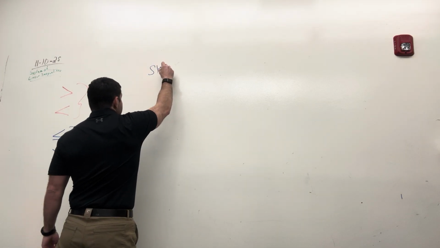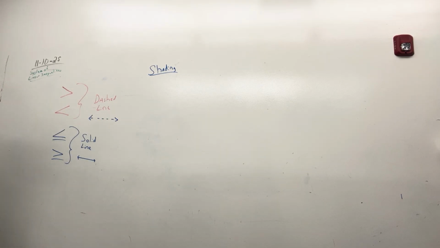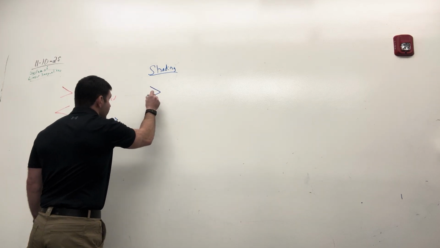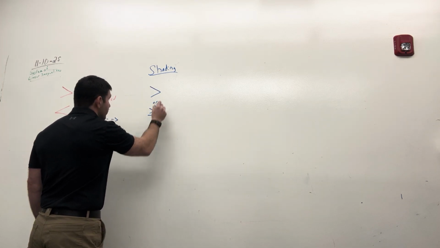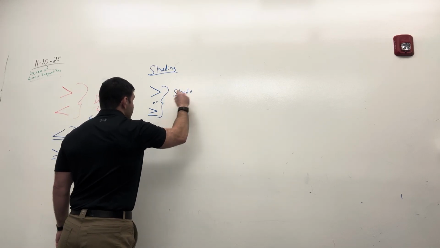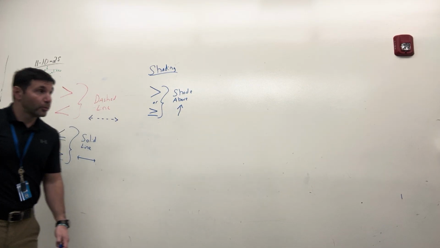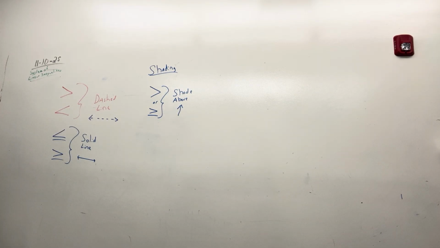This is for shading. Follow along for the shading. If it is greater than or equal to, shade above. We will always, always, always draw an up and down arrow on our line, or at least we should.